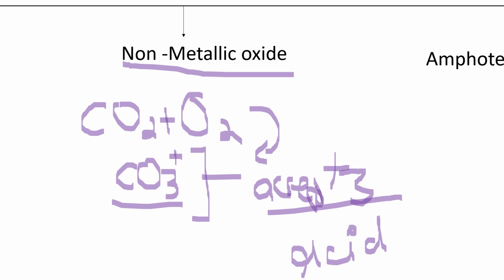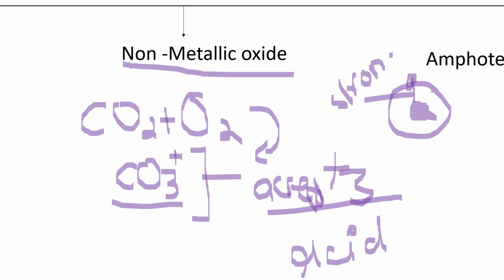And non-metallic cannot donate because the atom is small in size and the attractive forces between the electron and the nucleus are strong. That's why it cannot donate easily, but it does accept electrons because it does have valency.